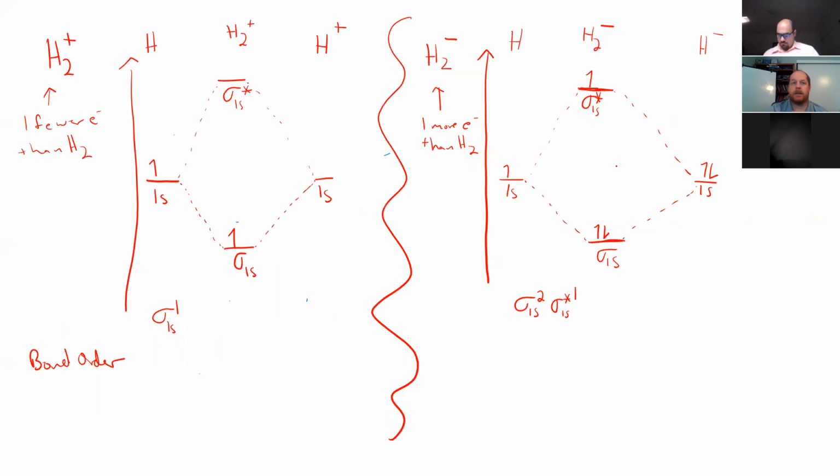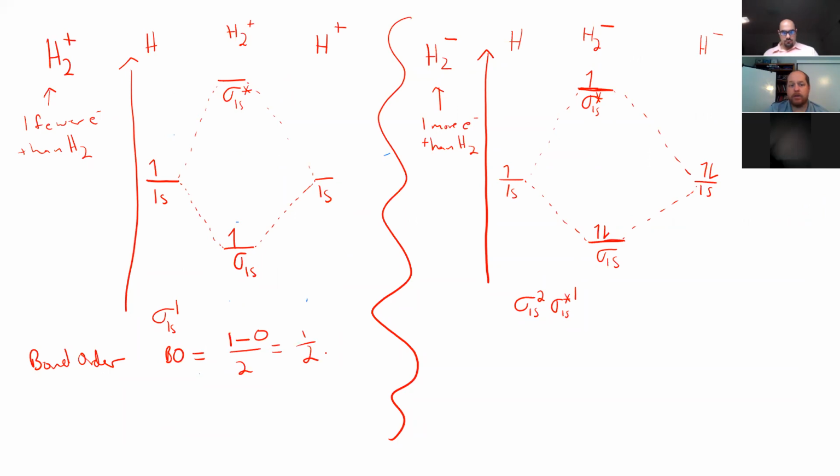So we're going to come back up here, and we're going to find our bond order for the first one. It will equal, well, I have 1 electron in a bonding orbital, 1 electron in that sigma 1s, so it would be 1, minus 0 electrons in any anti-bonding orbitals, so minus 0, divided by 2 equals 1/2.